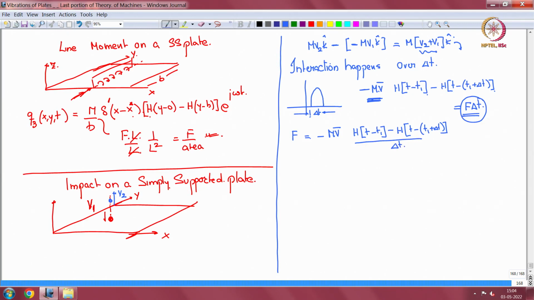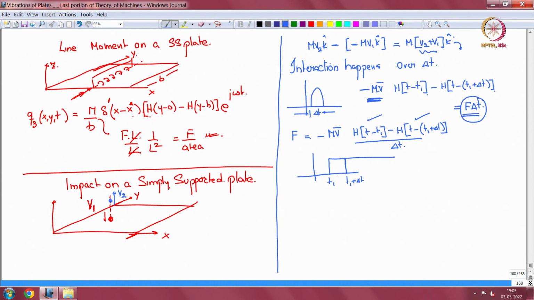Okay. So, as delta t becomes smaller, this fellow starts off a step at t1 and this drops a step, okay, back to 0 at T1 plus delta t.